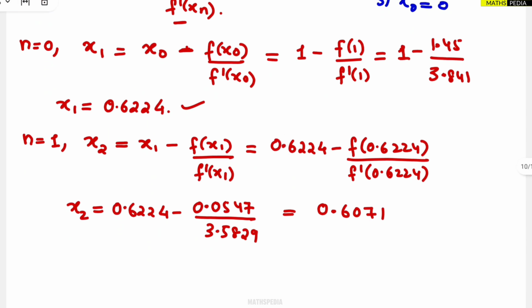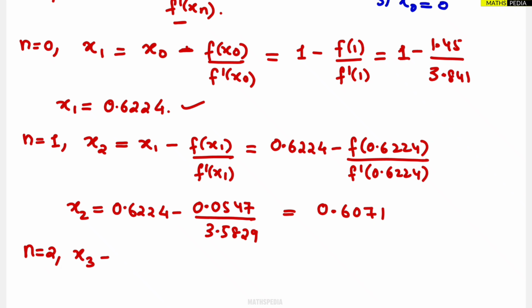Okay. Now we'll go for the third iteration. Why are we going for the third iteration? Because in the first iteration we got the value of 0.6224. In consecutive iterations you should get the same value, approximately the same value. Okay, a minute error may be there. So here it is 0.6071, here it is 0.6224. So there is a large difference. That's why we are going for the third iteration as well.